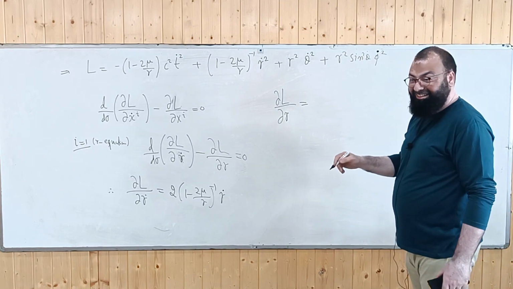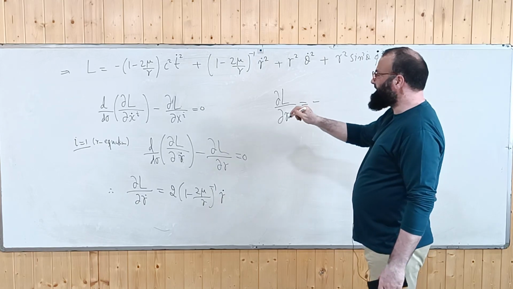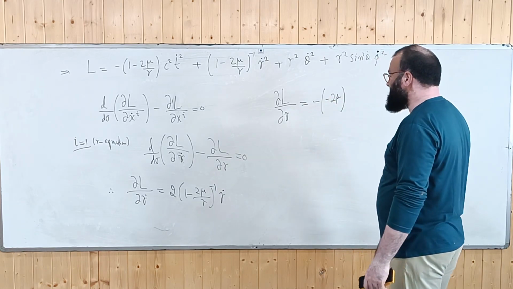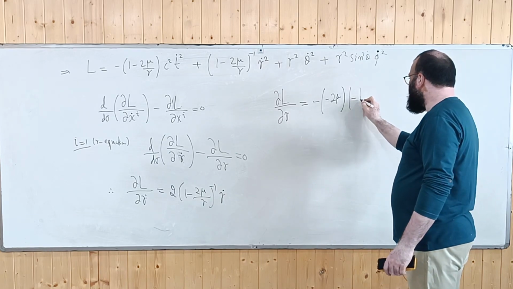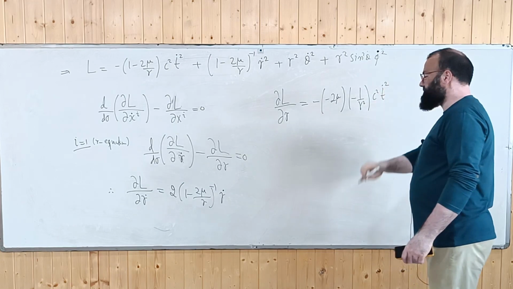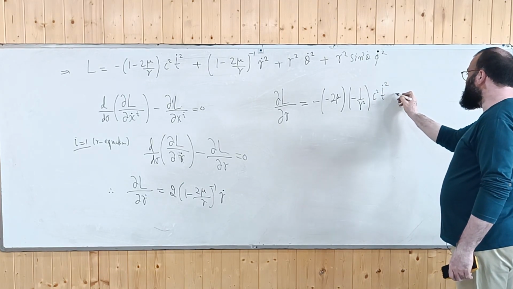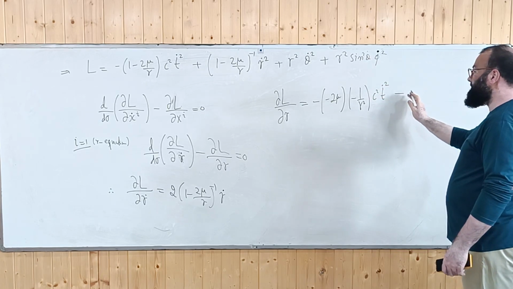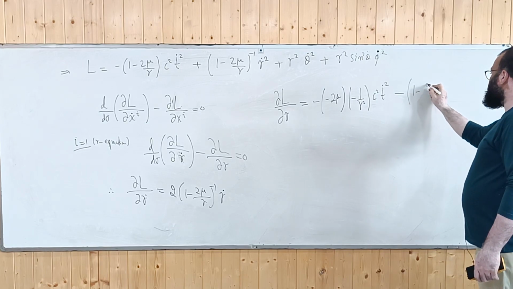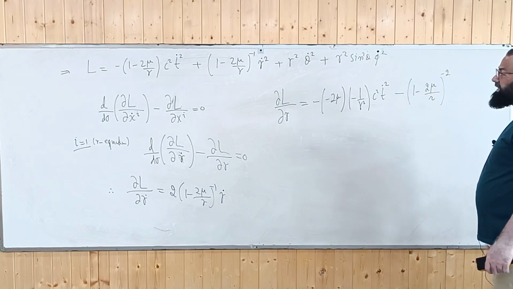So, you are having minus, then you are having minus twice mu. What is the differentiation of 1 by r? It's minus 1 by r square. Then you are having c square t dot square. Clear? Then minus 1 will come down from here, so you are having minus 1 minus twice mu by r, then it will be minus 2 here.